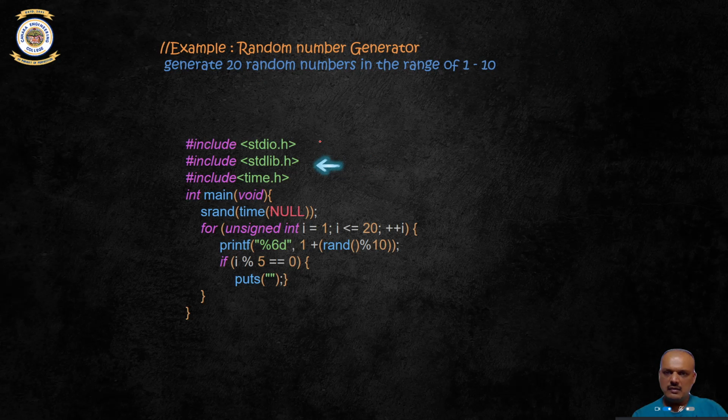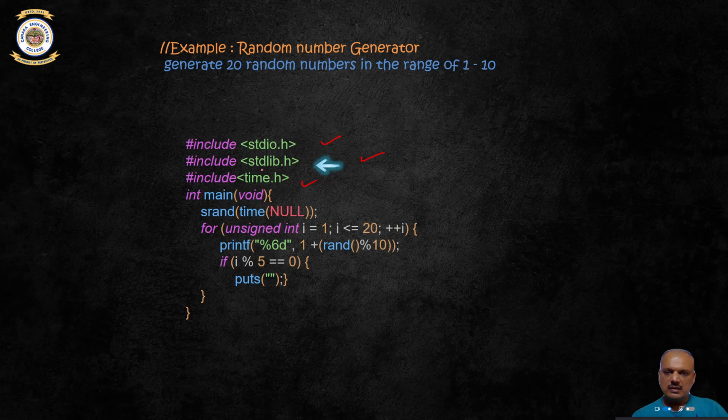So first I have 3 header files in the preprocessor directive. The first one is the standard stdio.h, and then I have the standard library stdlib.h and the time.h header file.